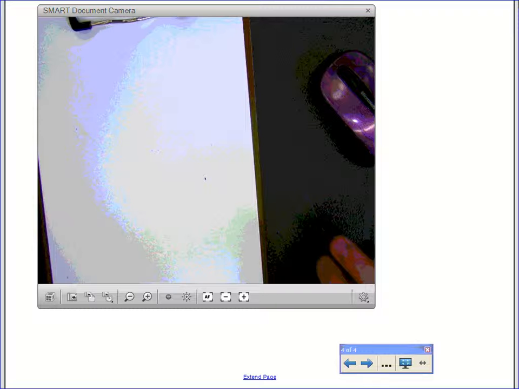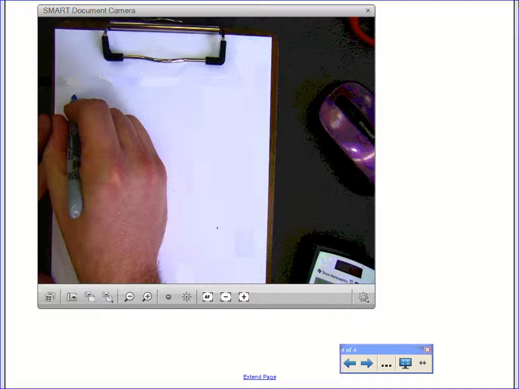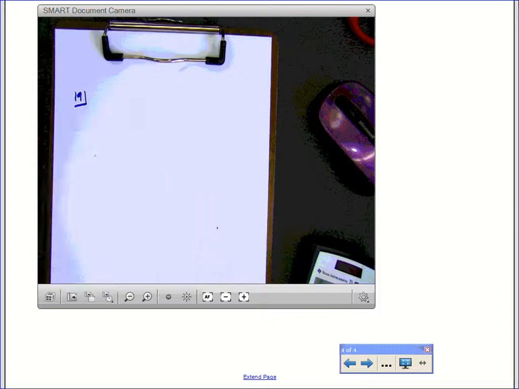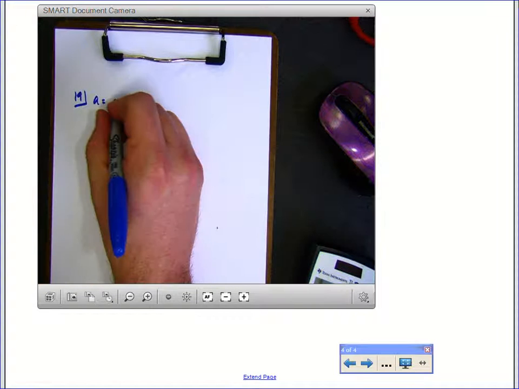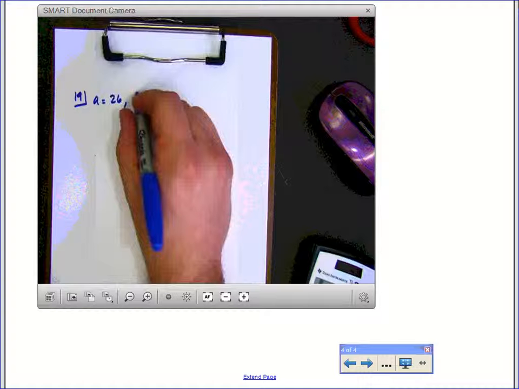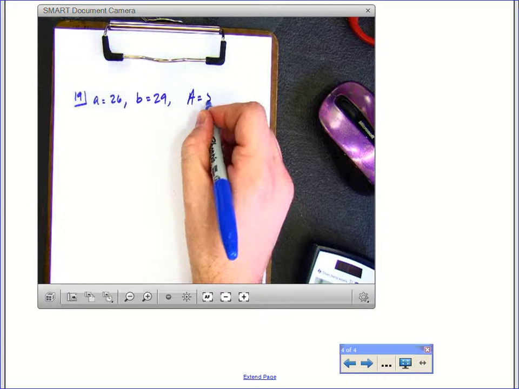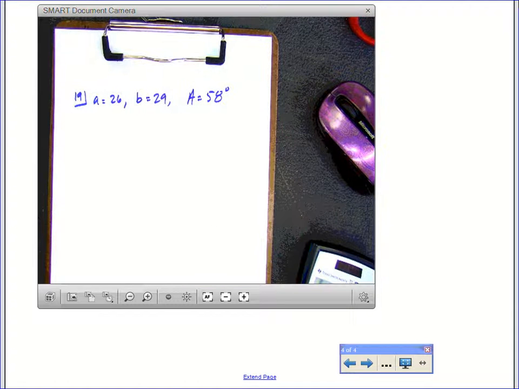All right, I'm going to help you get started on it. Number 19, you have a is 26, b is 29, and A is 58.